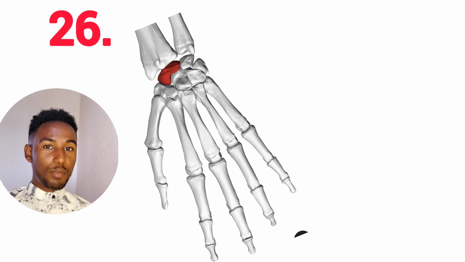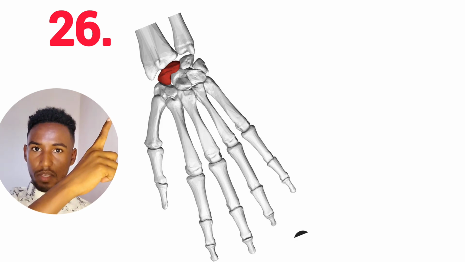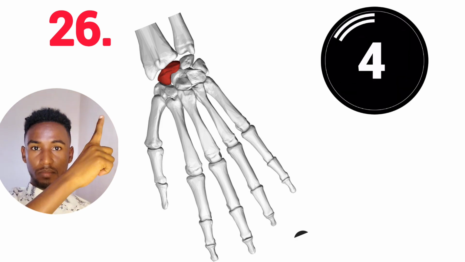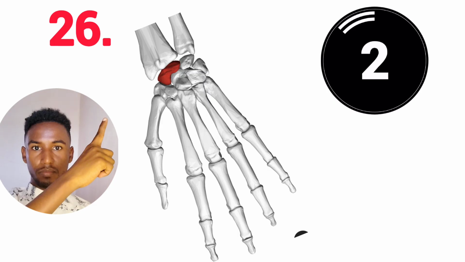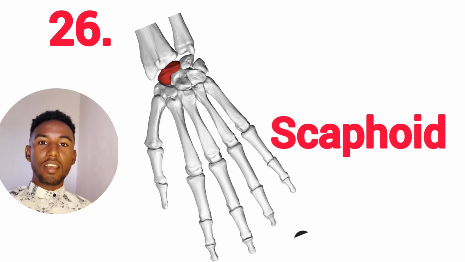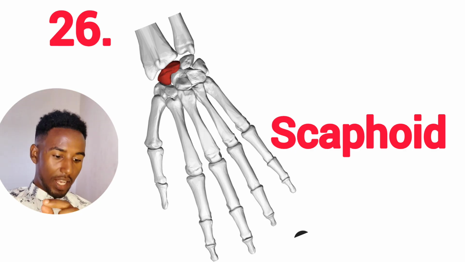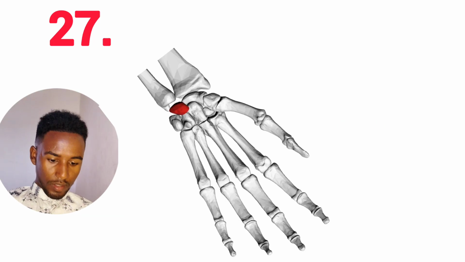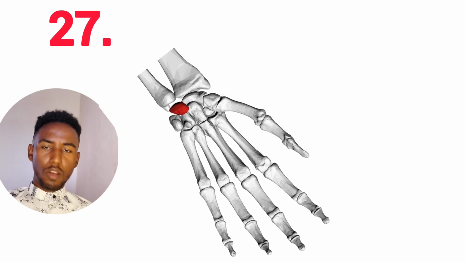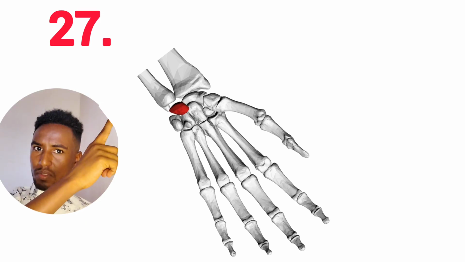Question number 26. Can you name this bone? It is the scaphoid. The scaphoid is a carpal bone of the wrist. Question number 27. What is this bone called?